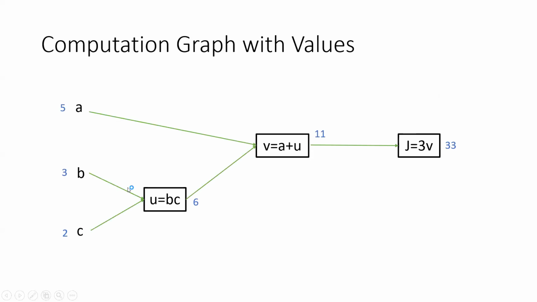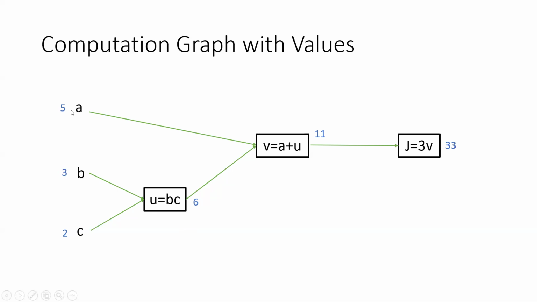This is the same computation graph. We have given a equals 5, b equals 3, and c equals 2. From b and c, we can calculate the value for u. u is bc, which is 3 times 2, which is 6. Although we haven't mentioned it, when we have the blue number nearby a variable, it means the value of that variable.